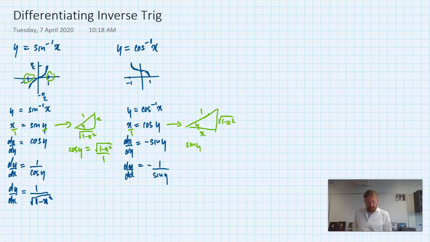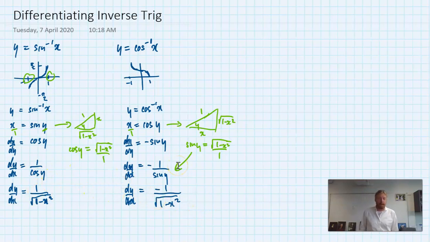Sine of that angle y equals the square root of 1 minus x squared on 1, and then again I can pop that down there. dy dx equals -1 on the square root of 1 minus x squared. Done. You can see that they're the same, except one's a negative. Okay, and I'll come back to that in one of the examples later on.